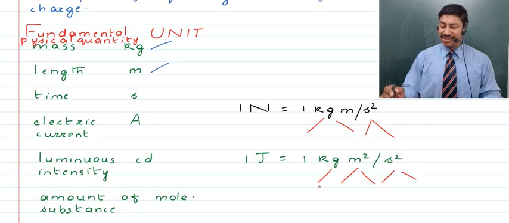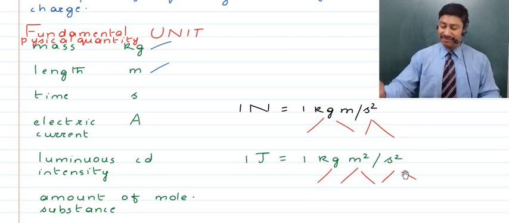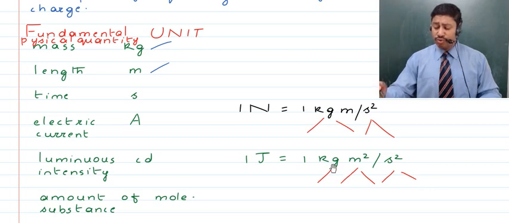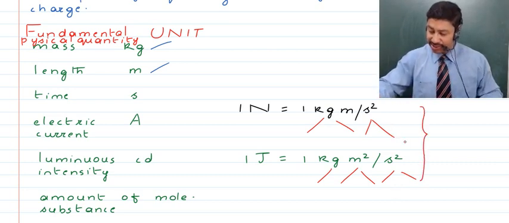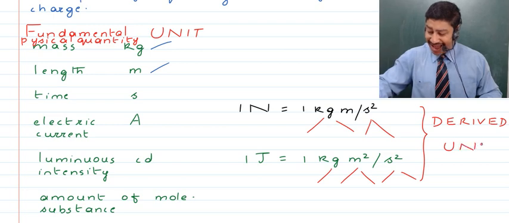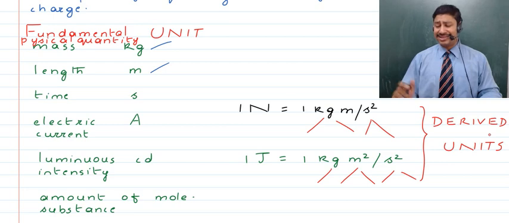That is, one will be kg, another will be meter, another will be meter, another will be second, and lastly another second, which will give you all the different fundamental units. So such type of units, children, are known as derived units, because these have been derived from the fundamental units, and that's why they are known as derived units.